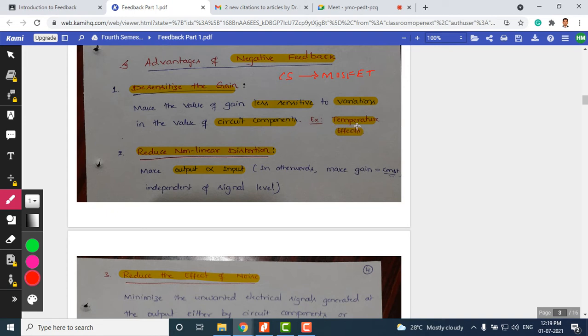Each component varies differently with temperature. All these temperature and component variations make the circuit sensitive, and the output you get is totally different.